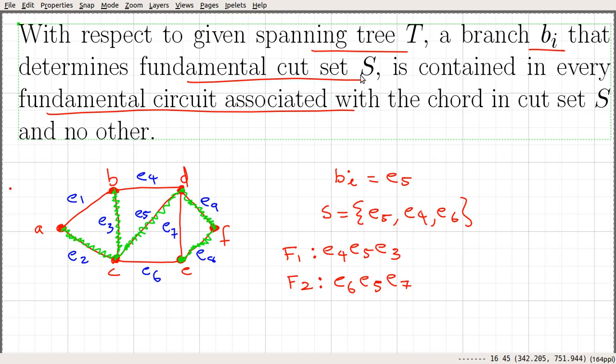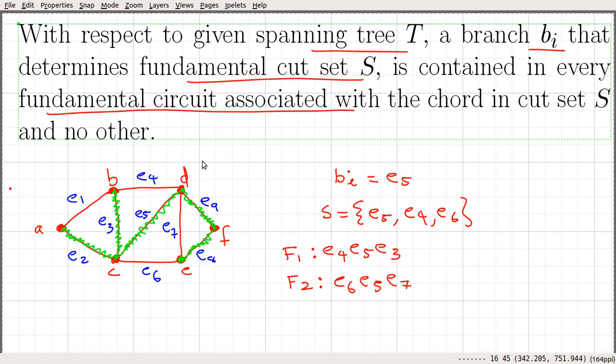It contains exactly one branch edge and one or more chords. So this says Bi is contained in every fundamental circuit associated with the chord in this cut set S, and no other.